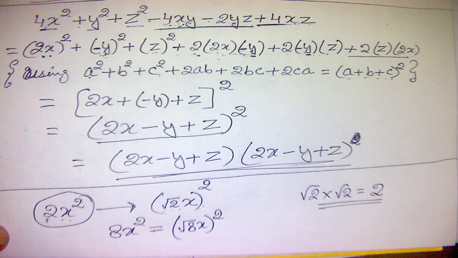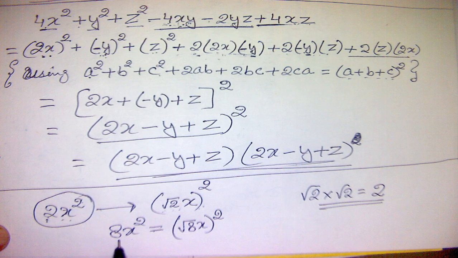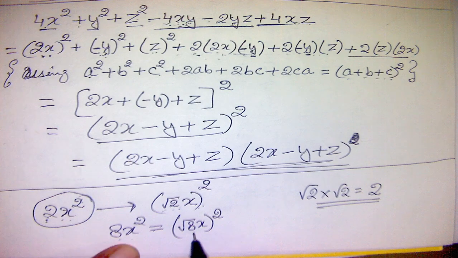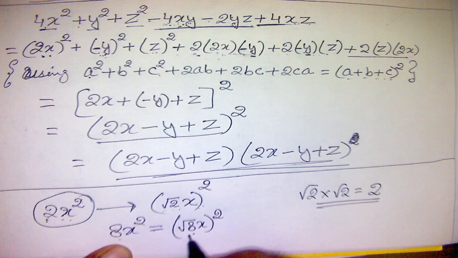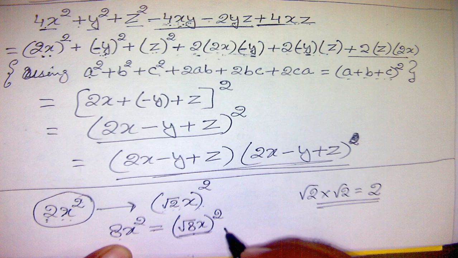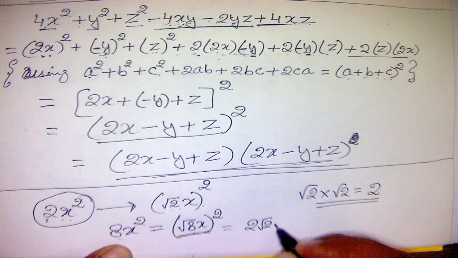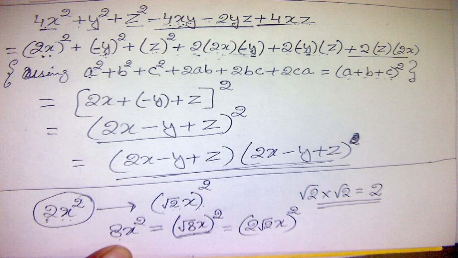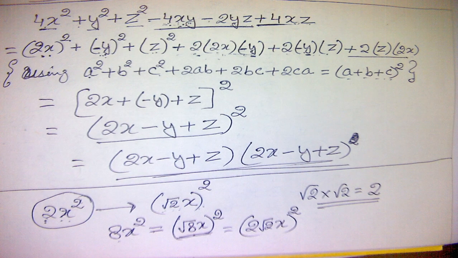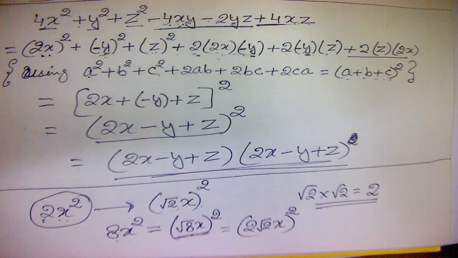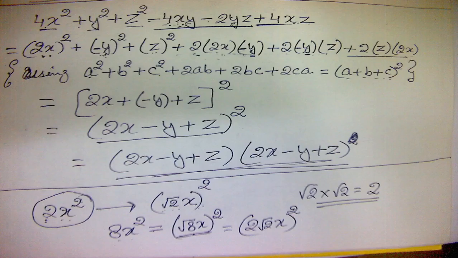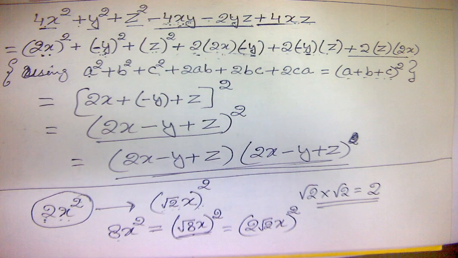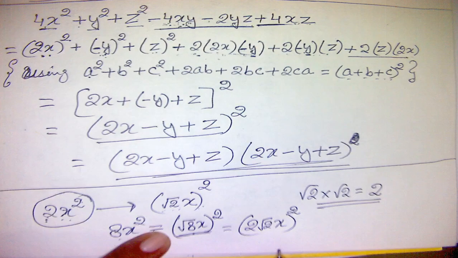Okay, on the same pattern, if you continue, this is what you get. But you can also write it as 2 under root 2x whole squared. It can also be written as 2 under root 2 whole squared. And why is it so?